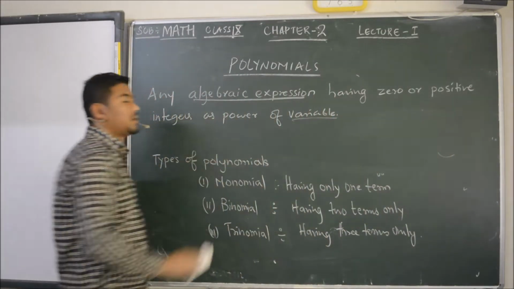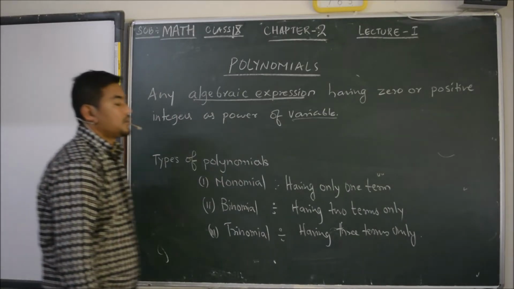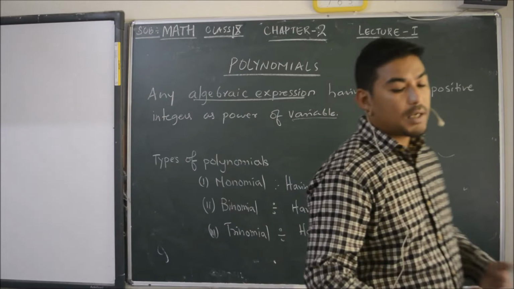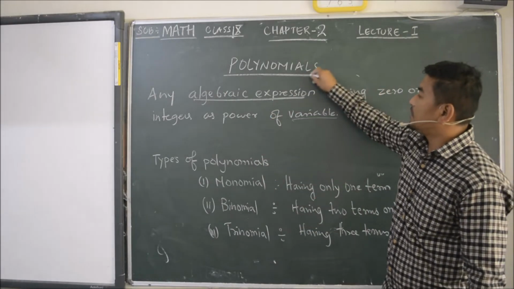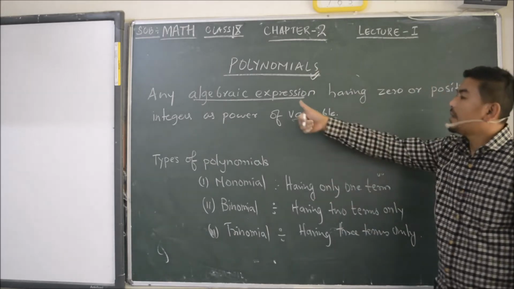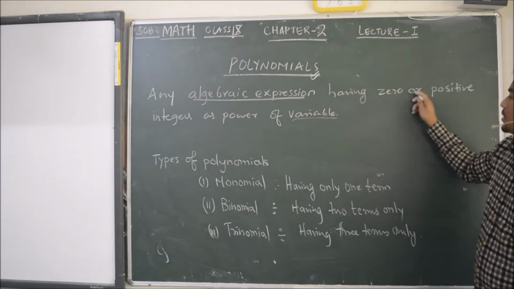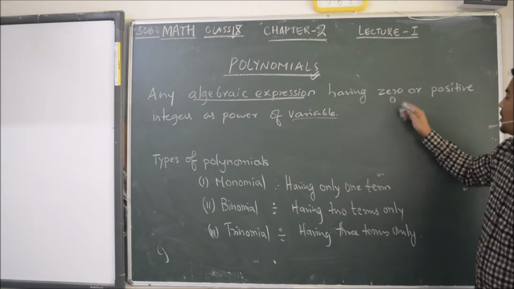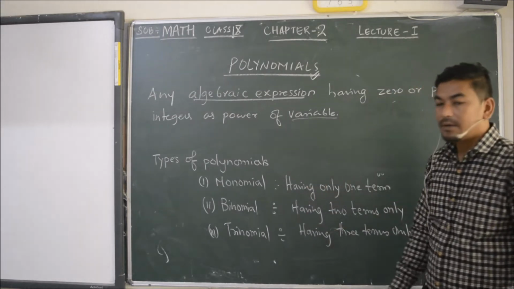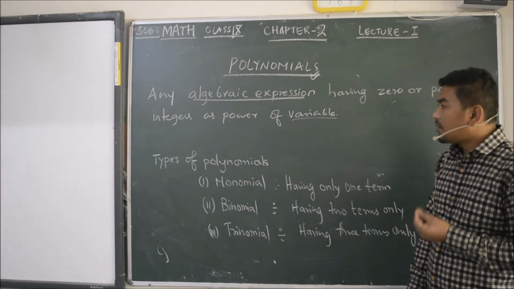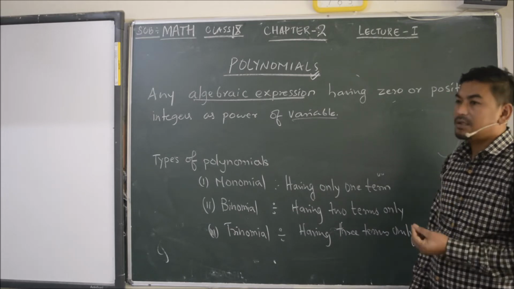We are talking about the same algebraic expressions. Under what condition does a given algebraic expression become a polynomial? It's written here: any algebraic expression having 0 or a positive integer as the power of the variable. So the power of the variable can be 0 or a positive integer.